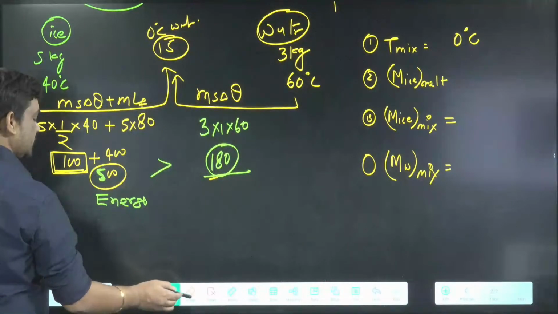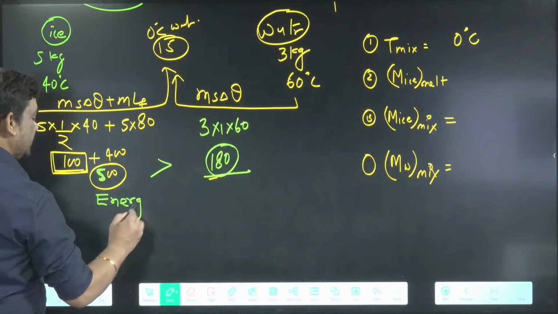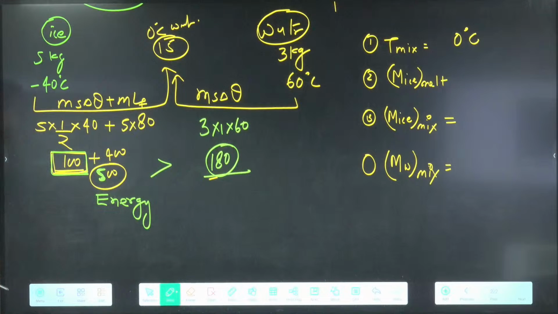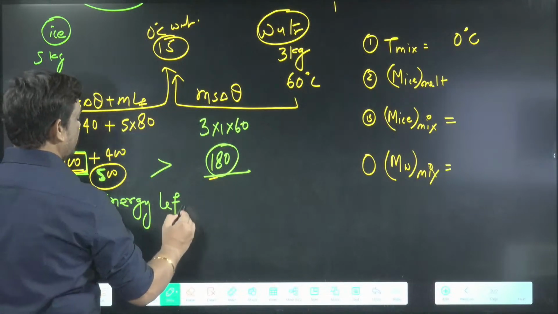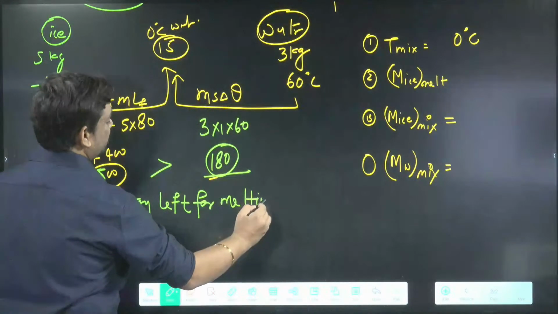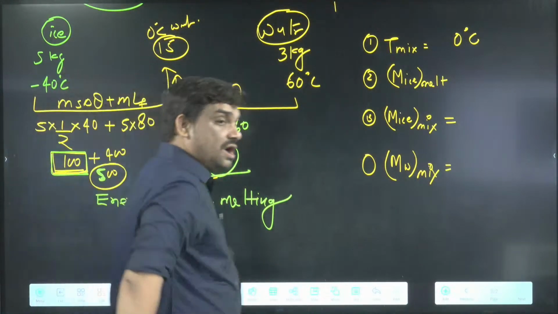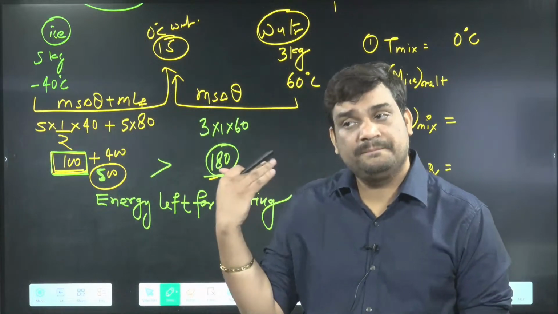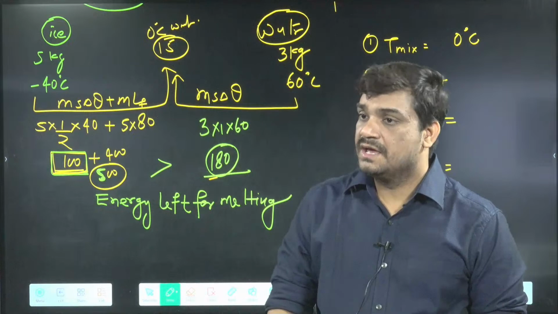Once the ice comes to 0 degrees Celsius, only then can I talk about melting. So how much energy is left for melting? Out of 180, 100 is consumed for increasing the temperature.